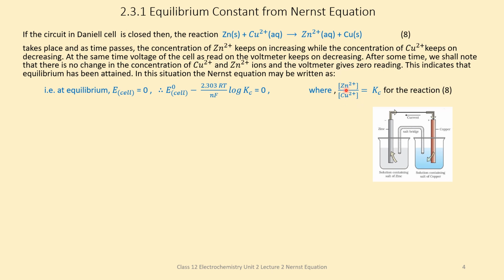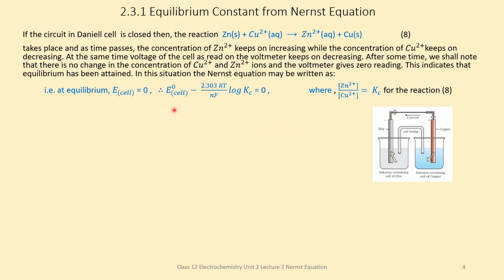The ratio of product to reactant is represented by the letter K subscript C. This is called the equilibrium constant. For this reaction, Kc is equal to Zn2 plus over Cu2 plus.